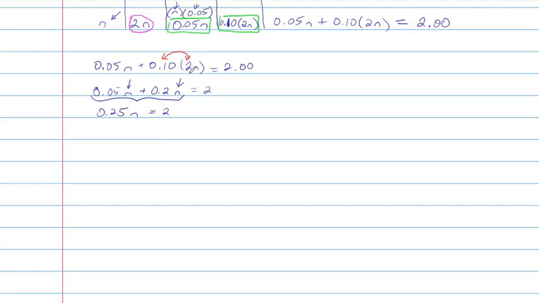And then I divide both sides by the thing in front of n. I'm dividing by 0.25. So these go away and you're left with just n, which is what we want. If you plug this into your calculator, you get 8.